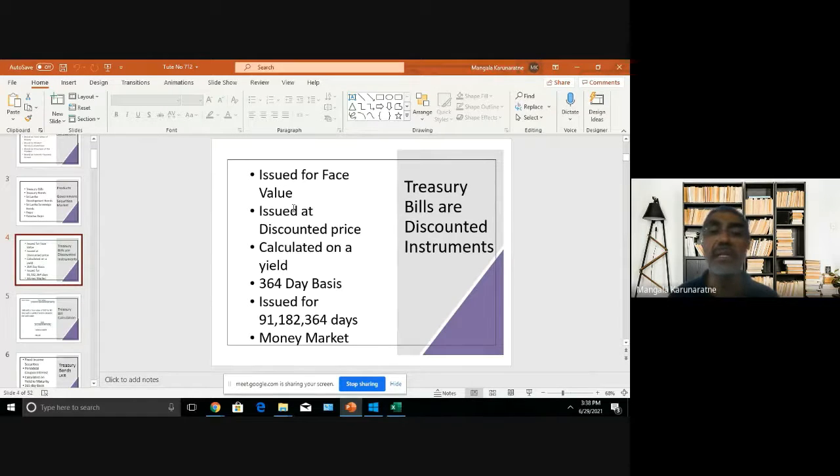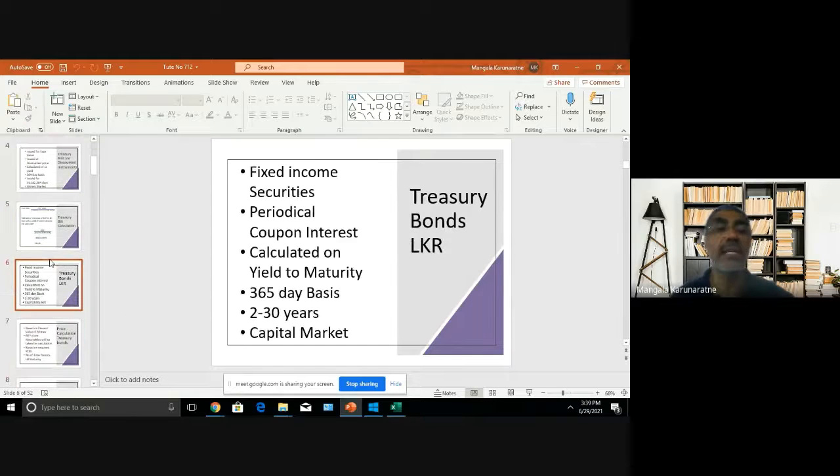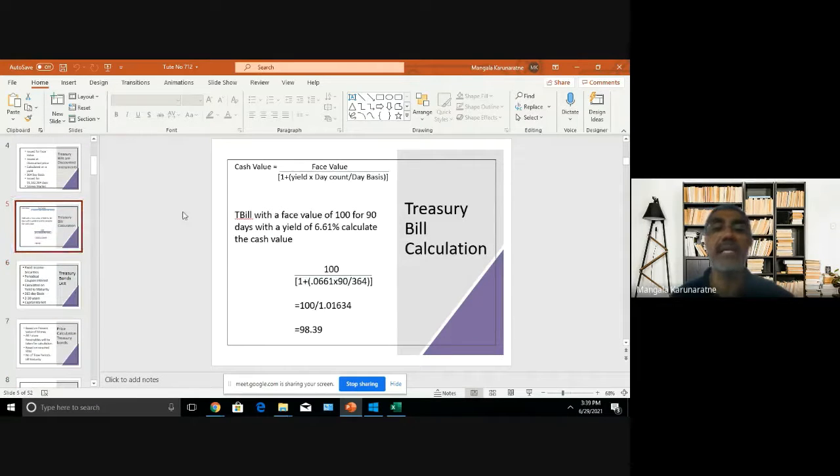The price is calculated on a decided yield. These instruments are on a 364-day basis and issued for 91, 182 and 364 days. Now let's go through this calculation.